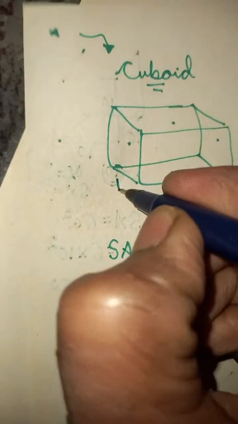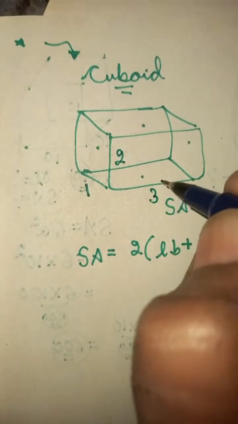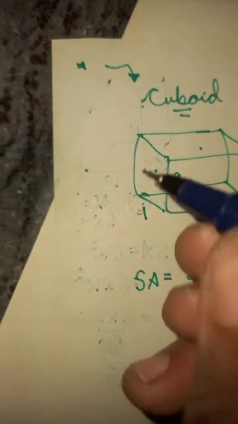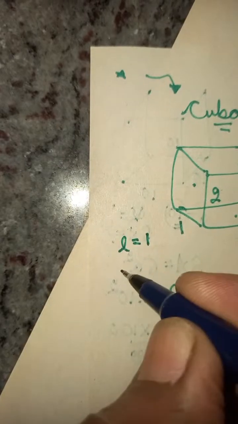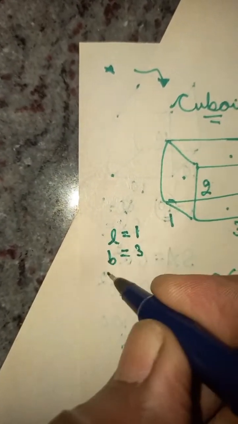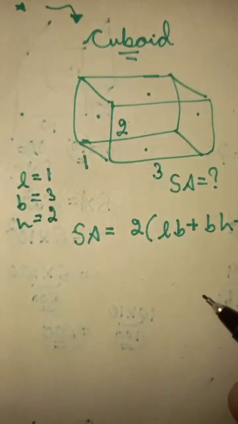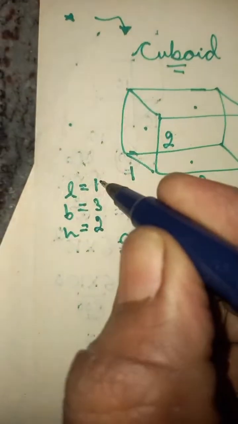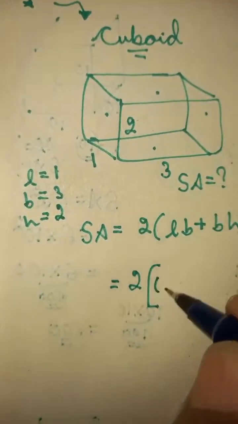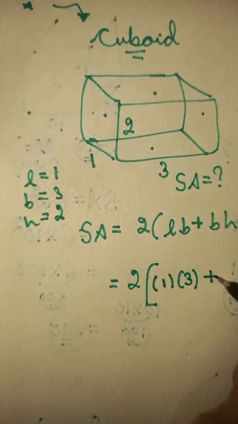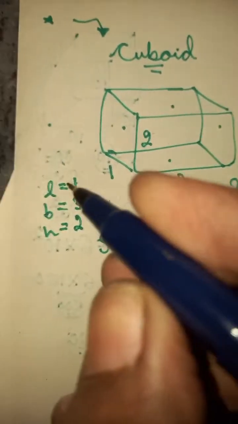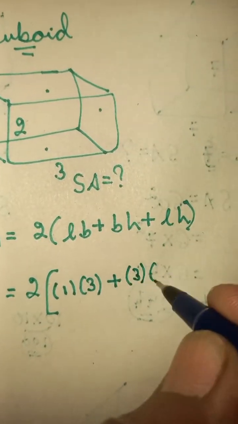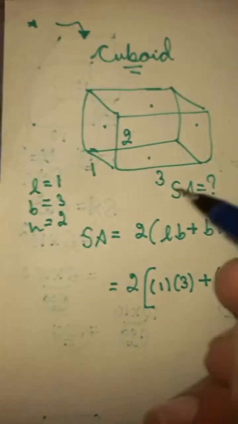Let's start to do this. Here they have given 1, 2, 3. That is, height is 2, length is 1, breadth is 3. If you get confused, right here length is 1, breadth is 3, height is 2. Now let's start: 2 times length times breadth. Here length 1, breadth 3, that is 1 times 3, plus breadth times height. Here breadth is 3, height is 2, so it becomes 3 times 2, plus length times height.